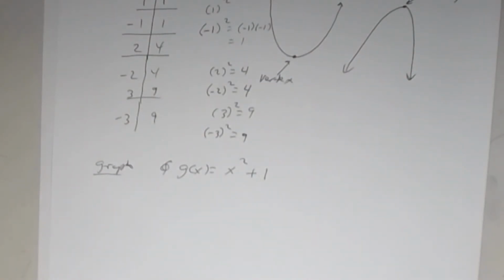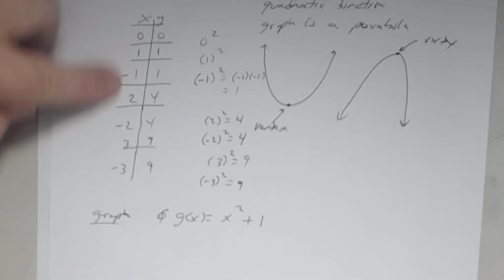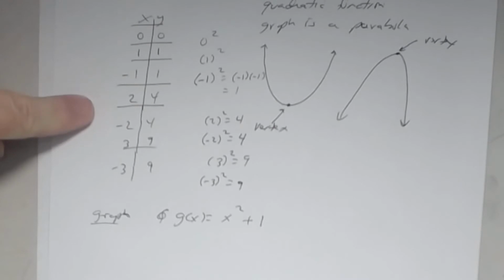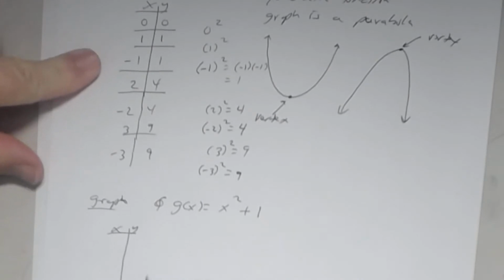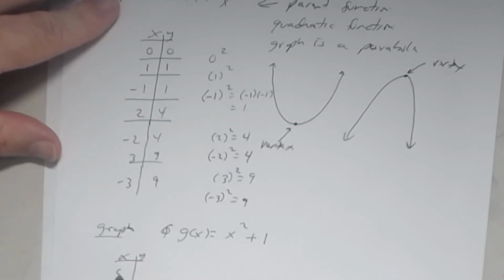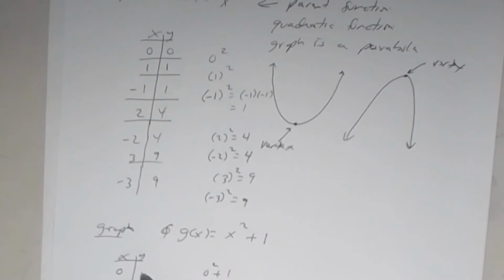Okay, so x squared plus 1. I want you to notice what's going to happen. I'm going to use the same points for x, and let's see what happens. If x is 0, I get 0 squared plus 1. What's 0 squared plus 1? 1. So I'm going to plot the point 0, 1.